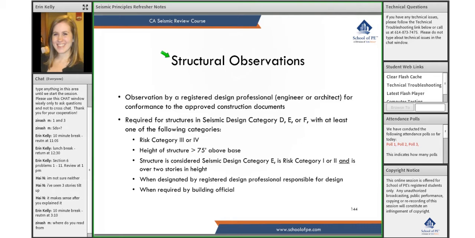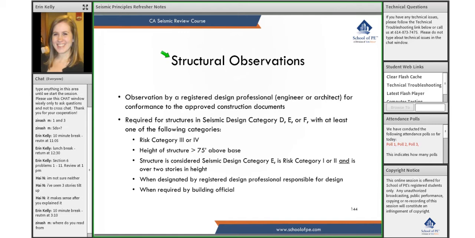So if it's a risk category 3 or 4 building, so that's basically emergency facilities or buildings of high occupancy. If the height of the structure is over 75 feet above the base, and remember that base is typically going to be referred to as the grade plane.